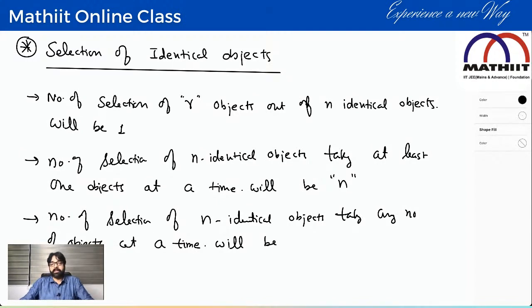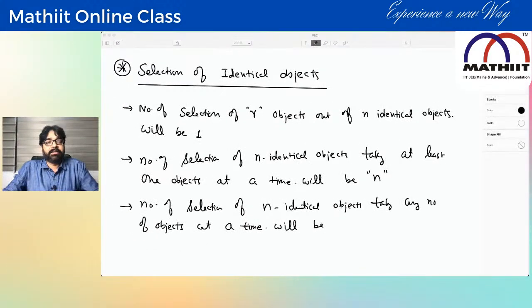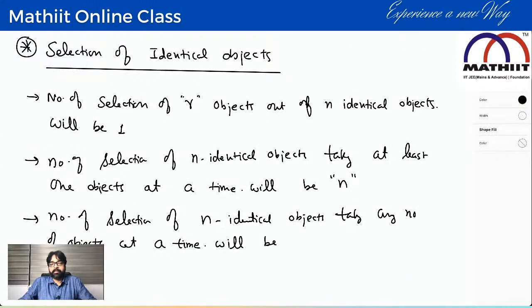The difference between the previous one and this one is a very simple difference. Any number means what? At least one will be selected, but zero objects also may come, nothing is coming.